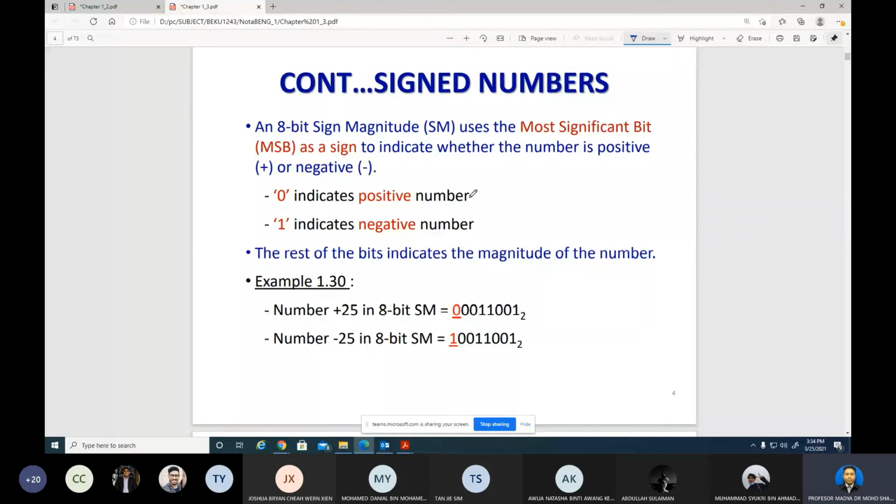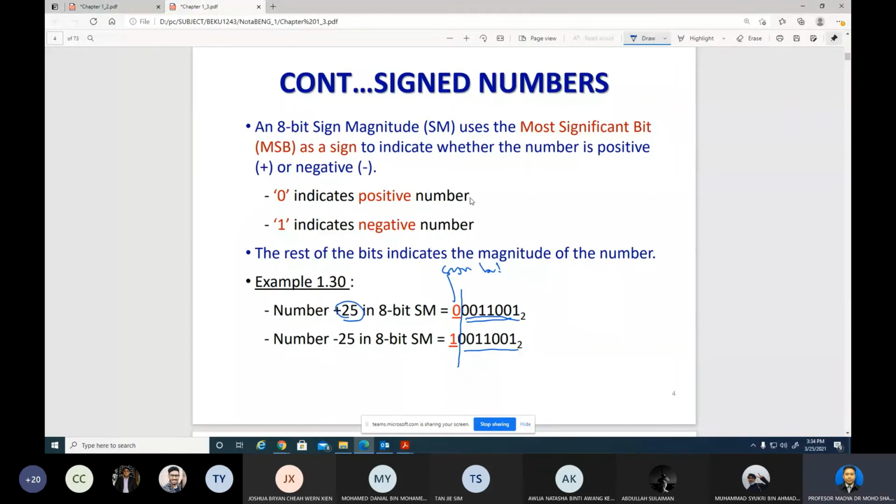So for this one, 0 will represent positive and 1 will represent negative. This is the value. The front one is what we call the sign bit. Then this is the value, for example the value for 25.